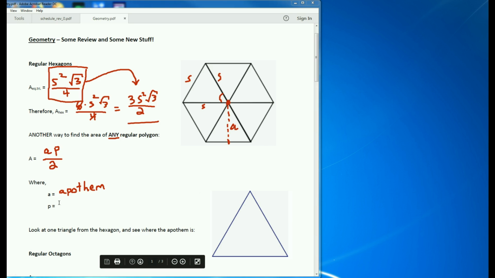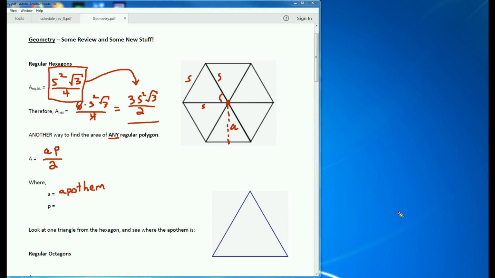And P, of course, is the perimeter. So go ahead and write that on your notes. P equals perimeter. So for any regular polygon, the area is the apothem times the perimeter divided by 2.